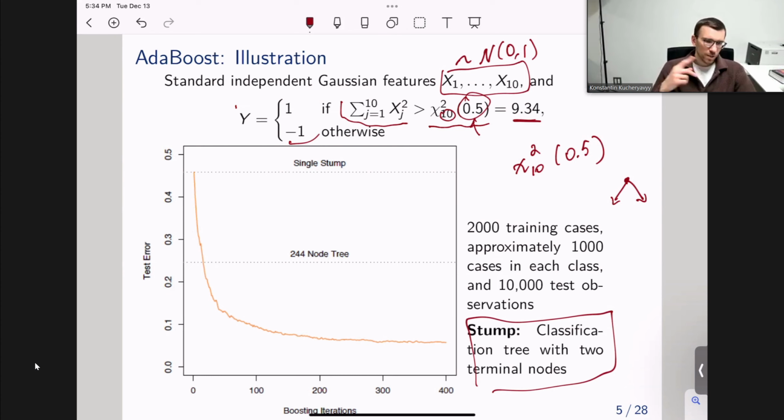Then on the next step, we again choose only one. So in this example, if we use a single stump, this would be the error. If we grow a 244 node tree, the way I described in the previous lecture, then that would be the error on the test data set.